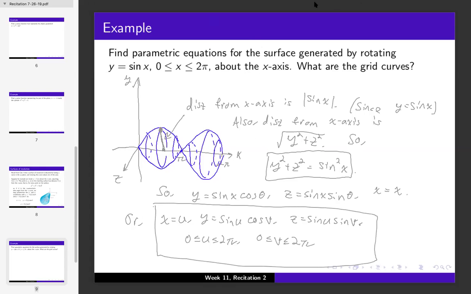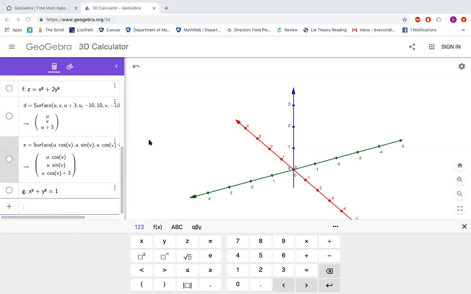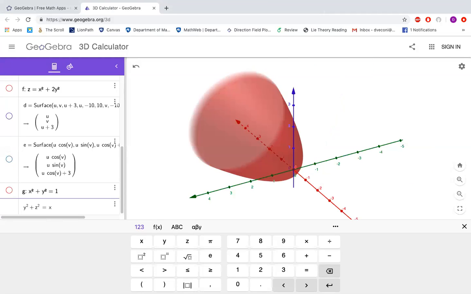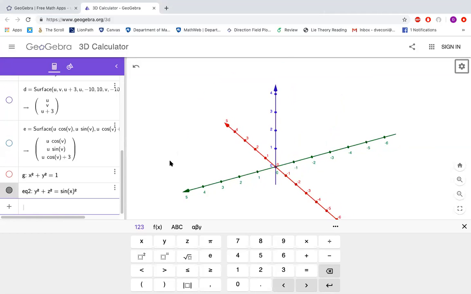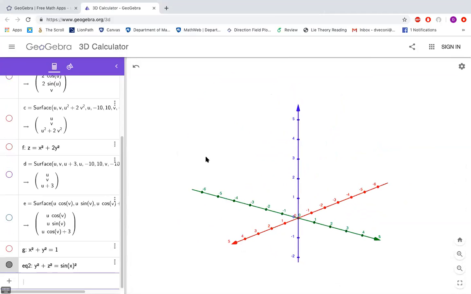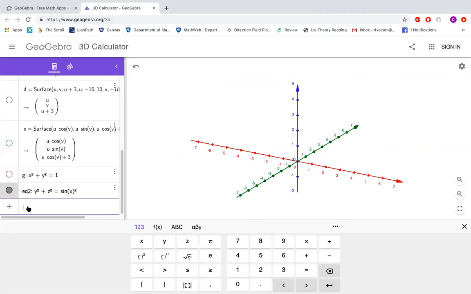Let's see if this works out. So now recall that what we originally were looking at was the surface given by y squared plus z squared equals sine squared of x. GeoGebra doesn't like that very much, so it's not going to graph that. So forget that, that's okay.